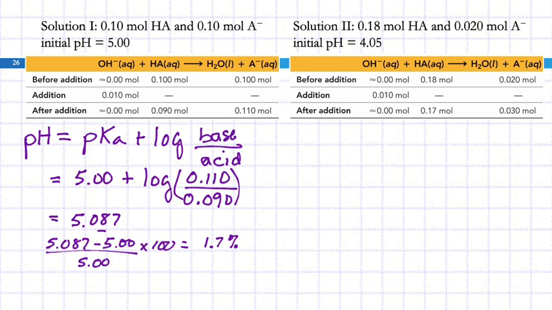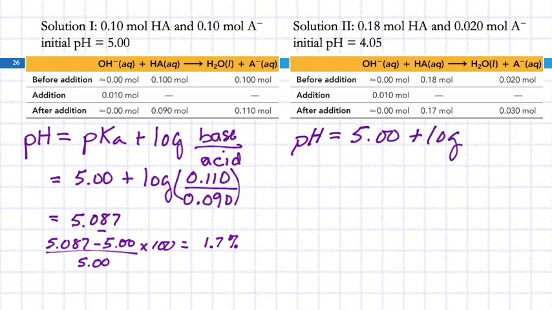Okay, so let's look at the other one. Here we've got 0.18 moles of HA and 0.02 moles of A minus, so much less of the conjugate base. Again, adding the same moles of hydroxide, so we're going to use the same equation. pH equals 5.0 because that's the pKa. We're not using the initial pH, we're using the pKa.